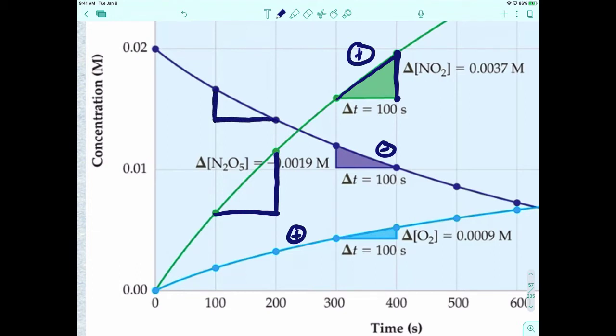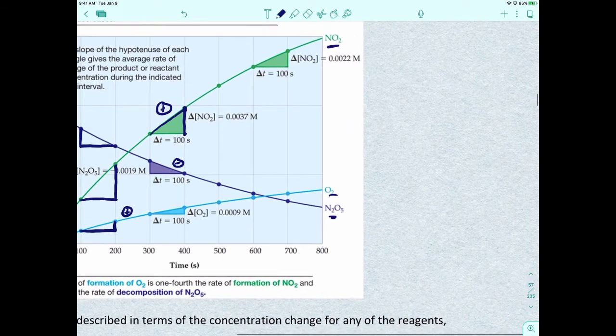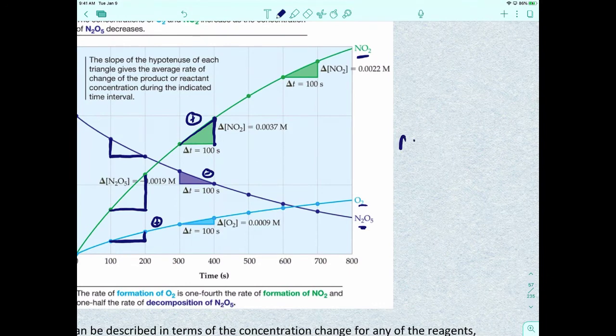Okay, so here are my triangles, and I can find the slopes of those lines, and those slopes would indicate the rate for that period of time from 100 to 200 seconds. So again, the way that we measure rate is the change in concentration over the change in time.